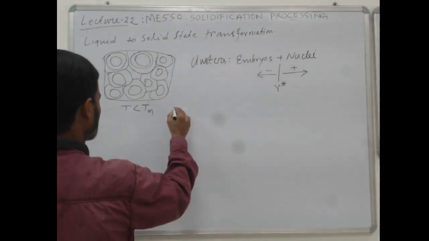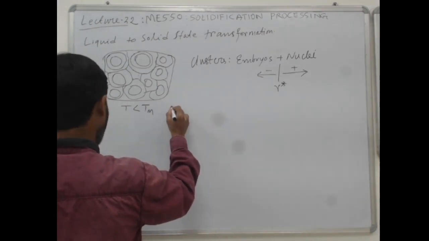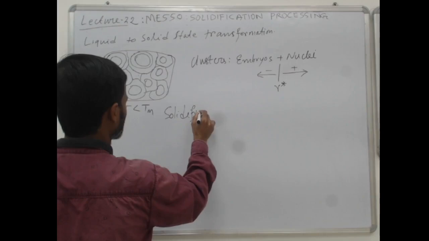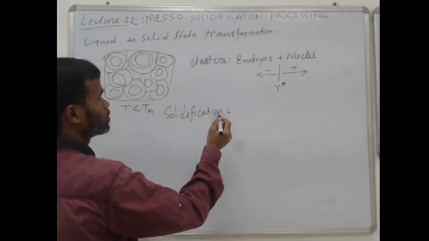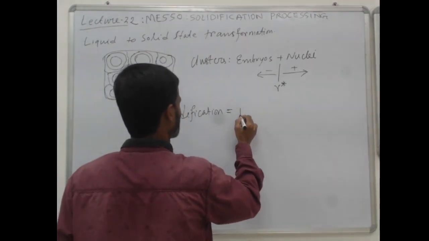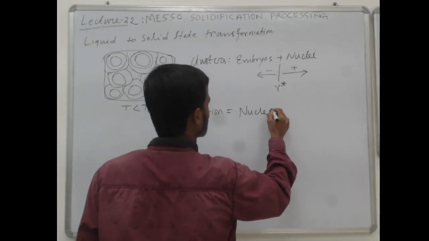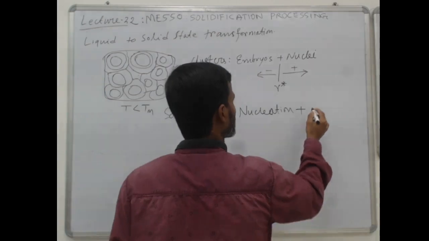So what can we write? We can write: solidification is a two-step process. One is nucleation and then you have growth.